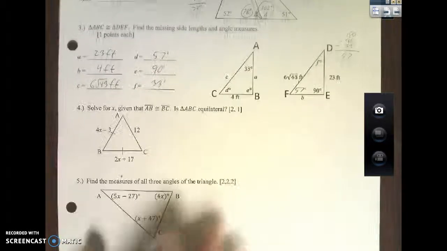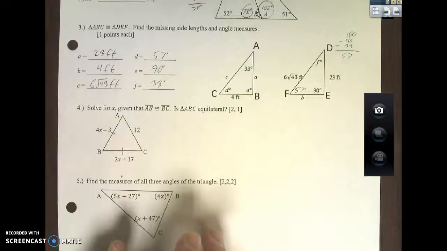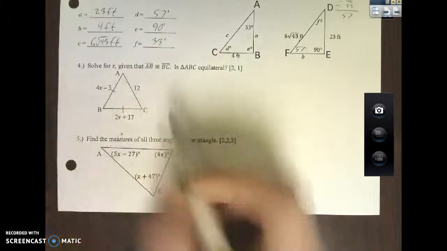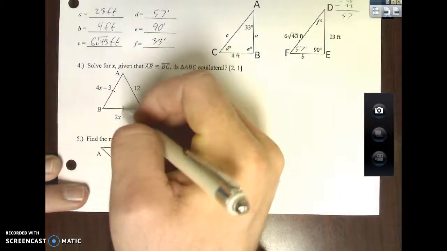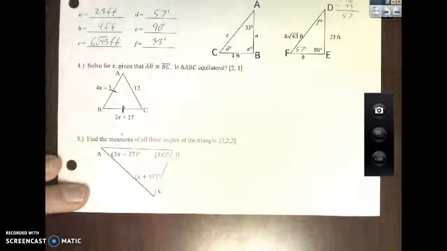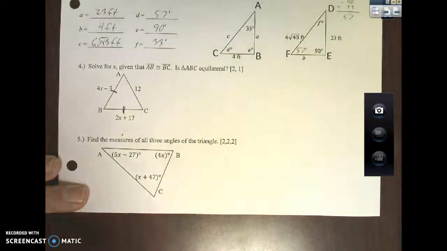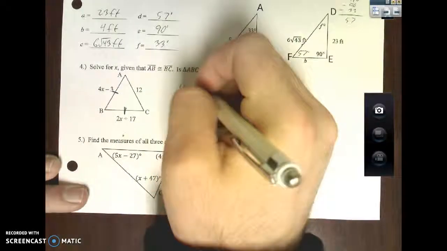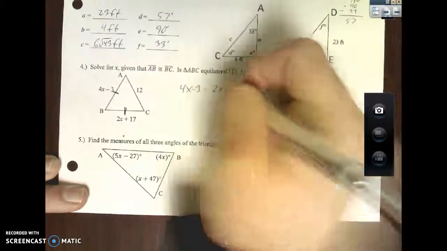Alright, number 4. Solve for x, given that AB is congruent to BC, if triangle ABC is equilateral. Is triangle ABC equilateral? Alright, well, they're telling us right now that they know for a fact these two sides are the same. Okay? And so what we can do here is set them equal because they're congruent. 4x minus 3 equals 2x plus 17.